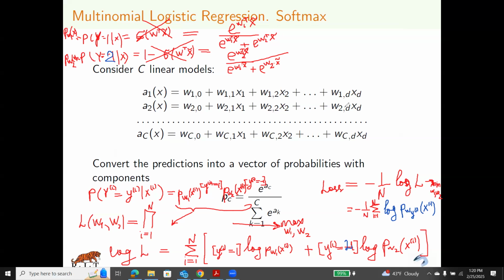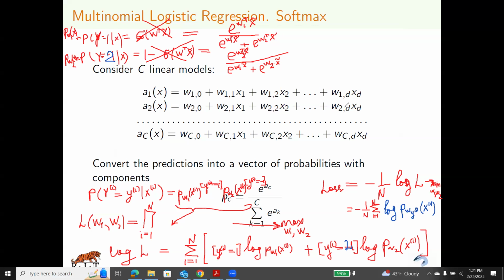Yes, correct. And then the only term which is non-zero, so here it's still log of P with index y_i. Of all these terms, only the term with C equals y_i will be non-zero.